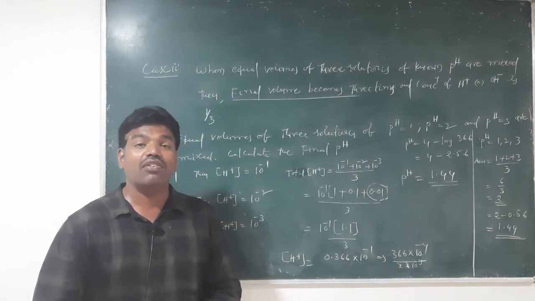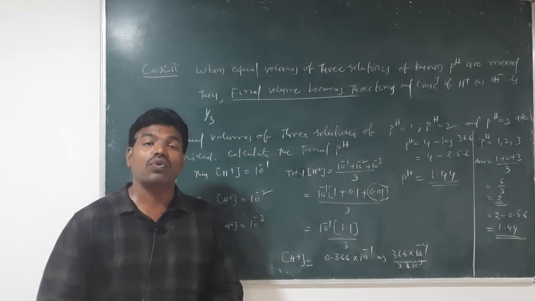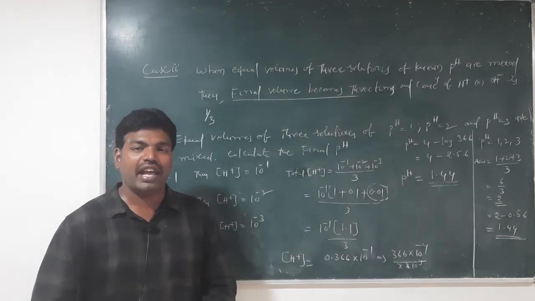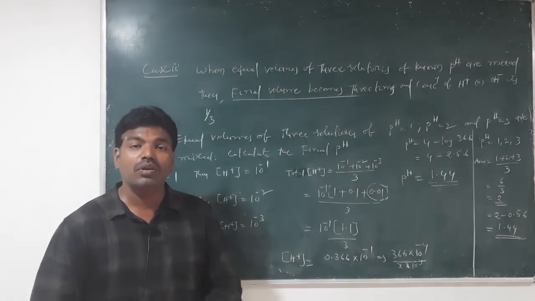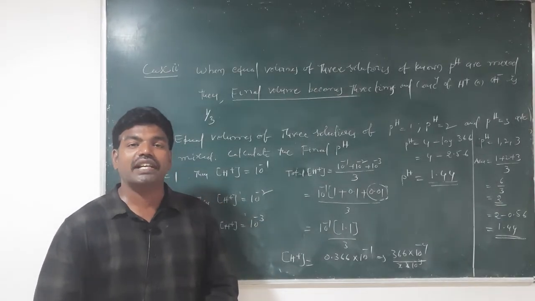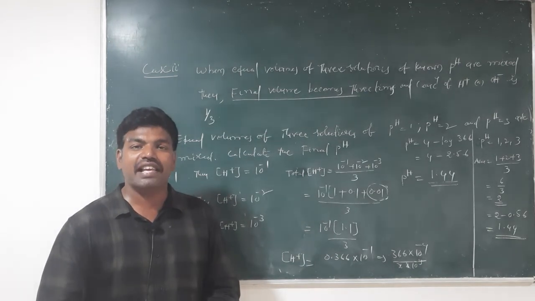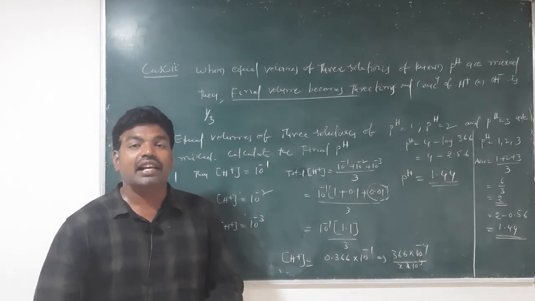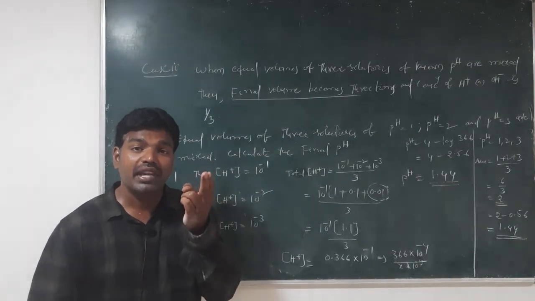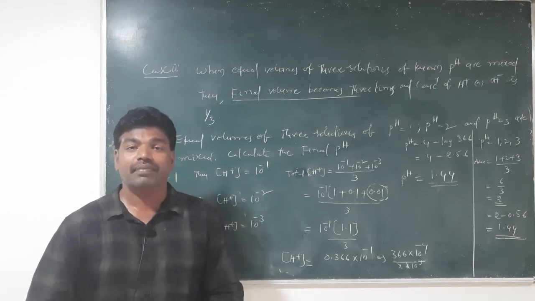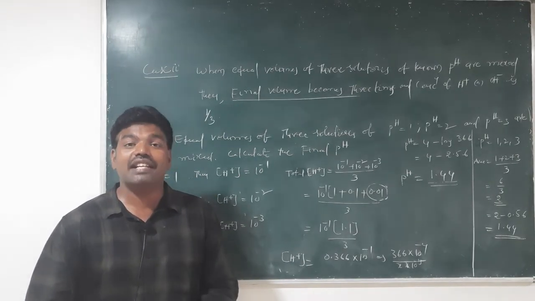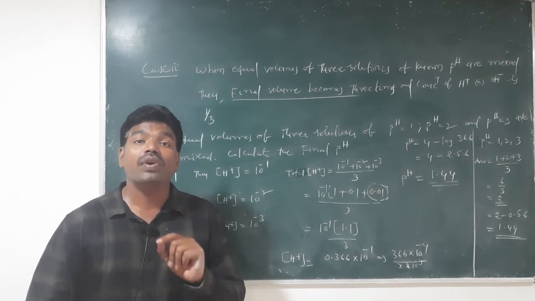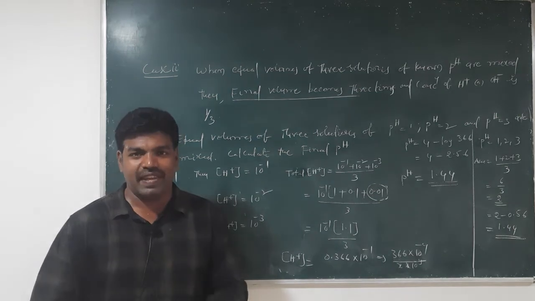Case 1 is equal volumes of two solutions of known pH. Then the final volume is doubled and the concentration of H plus or OH minus ion is halved. The shortcut is: if the given two pHs differ by 1 unit, then take the average and subtract 0.24 from that average pH, and we get the exact final pH.